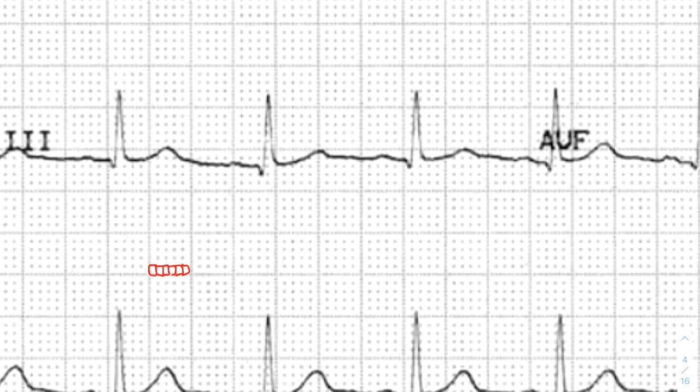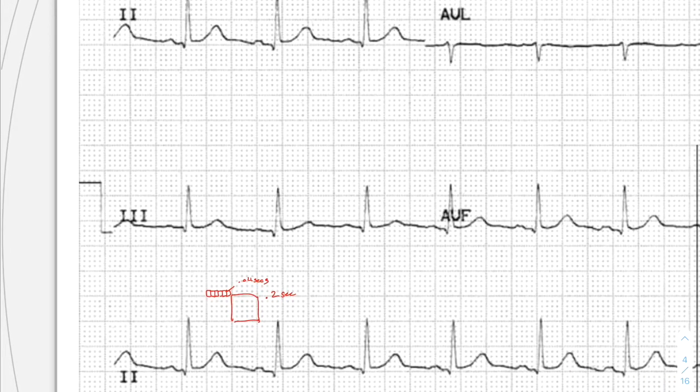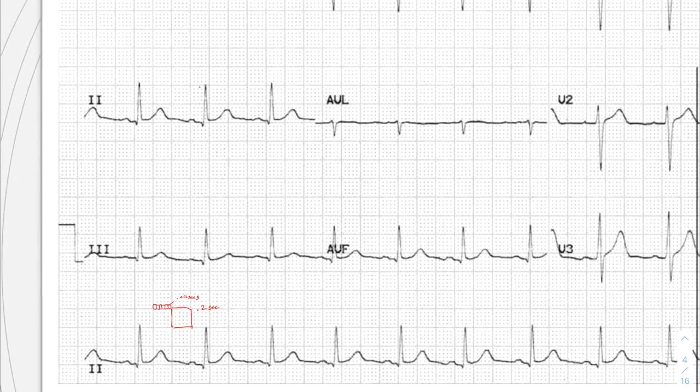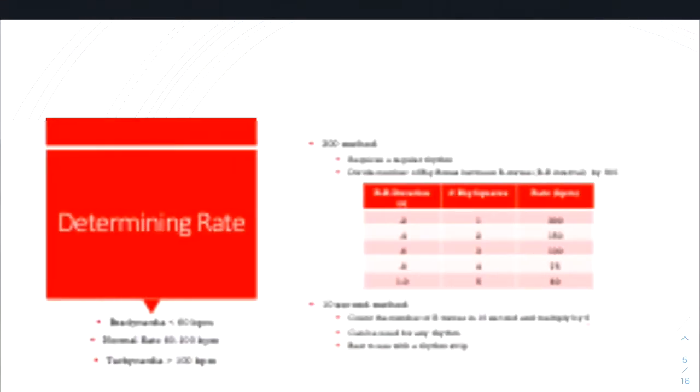Those small boxes are 0.04 seconds. And then the 5 of them together make one large box, which is 0.2 seconds. And that becomes important when we look at certain intervals and certain durations and determining the rate as well.